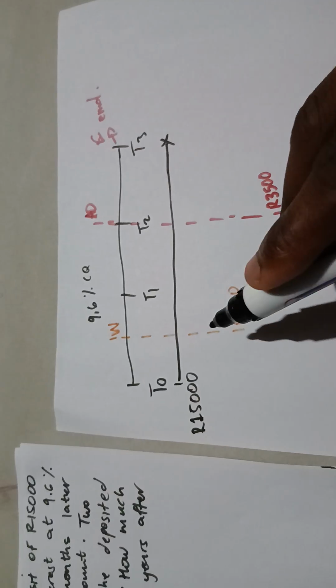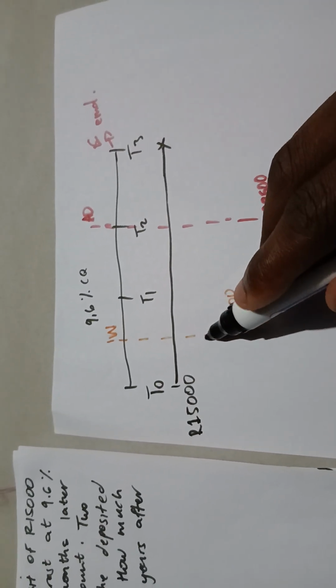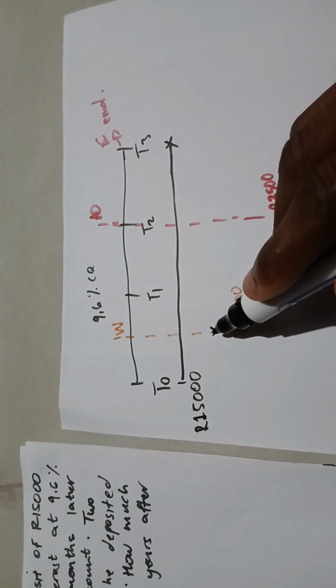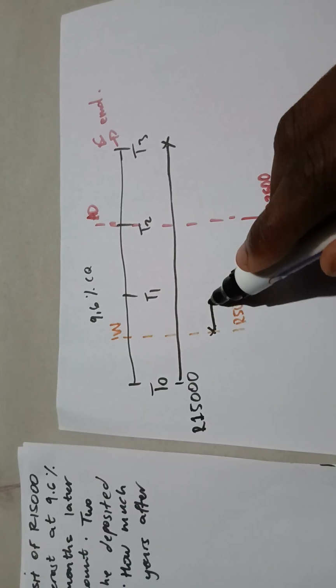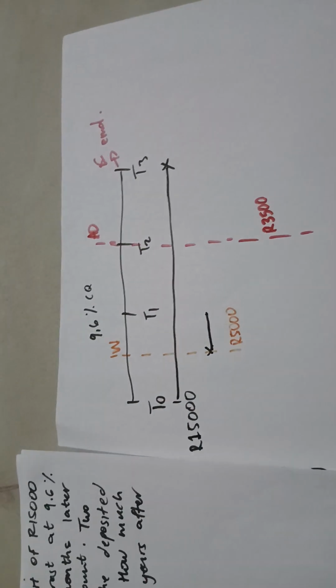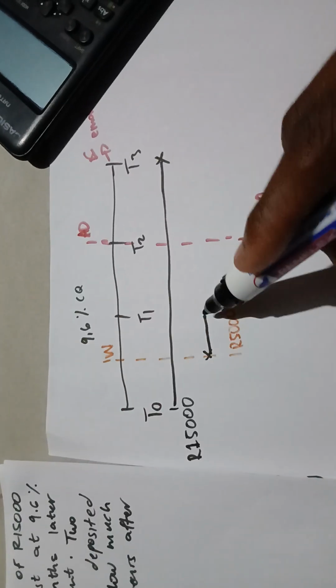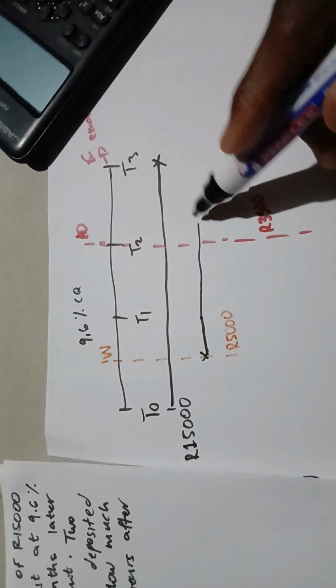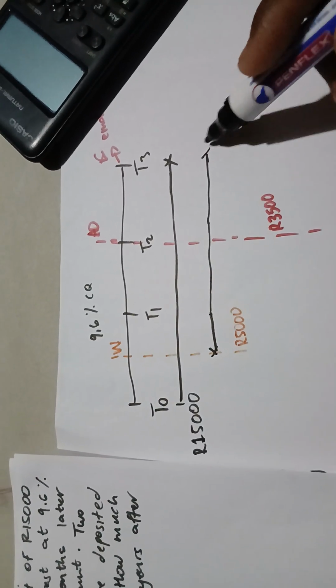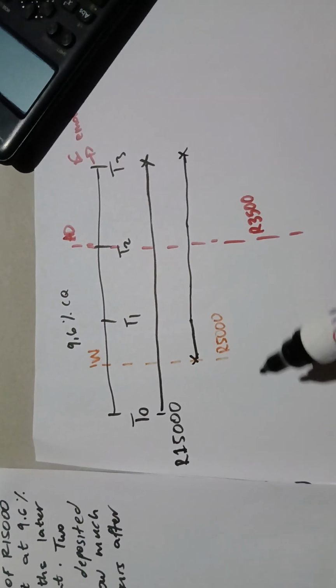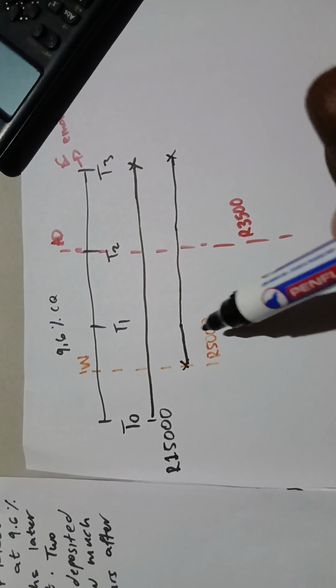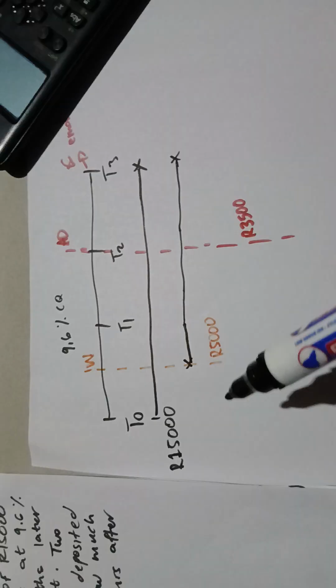So if she withdrew this amount of money here, we are left with 2.5 years, which basically affects the interest that she was going to get on this 5,000. Remember that.